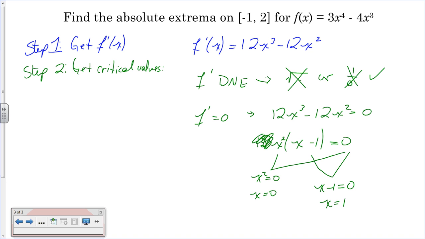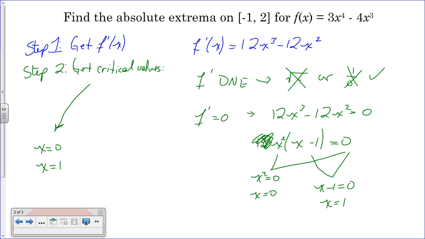All right. So now our critical values that we just found were x equals 0 and x equals 1. But now, we also can't forget about our endpoints, because our endpoints might be our max or min.